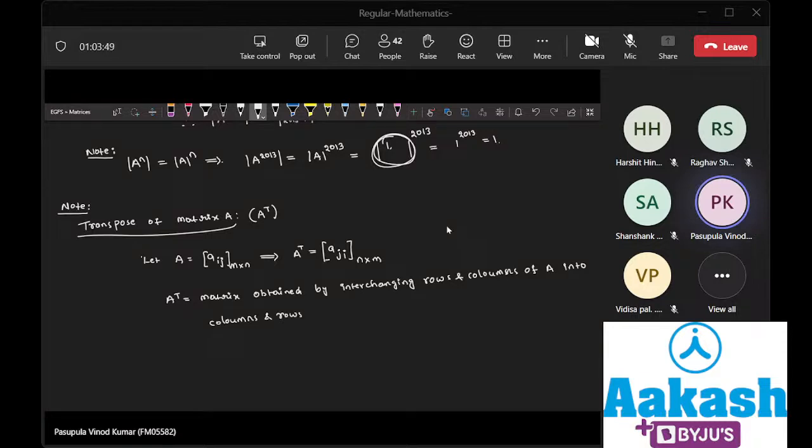That means rows are converted into columns and columns into rows.